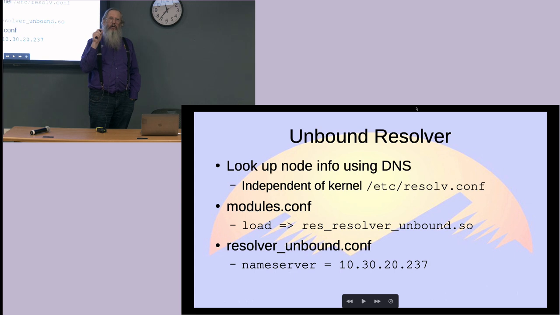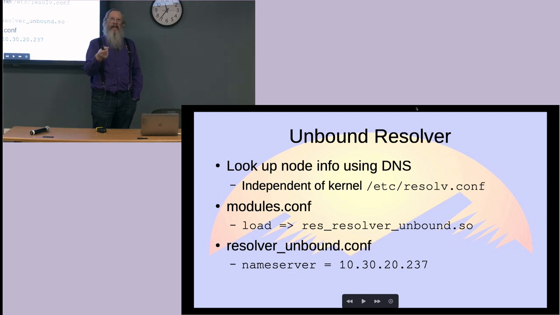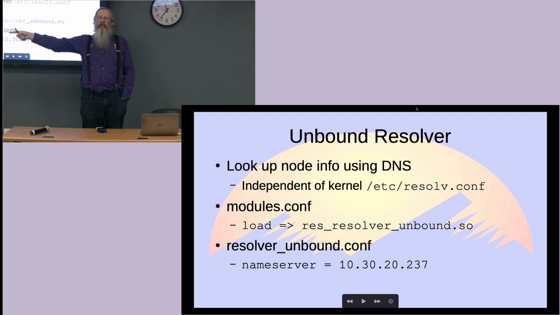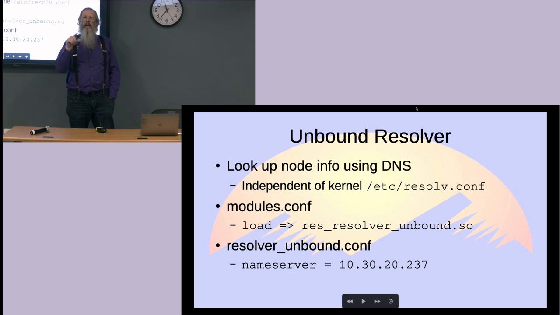And then in your res_resolver_unbound.conf file that basically controls this module, you simply add a line that says nameserver equals, and then you give it an IP address. And then basically within the Asterisk framework, it will go and do DNS lookups to get the node information.